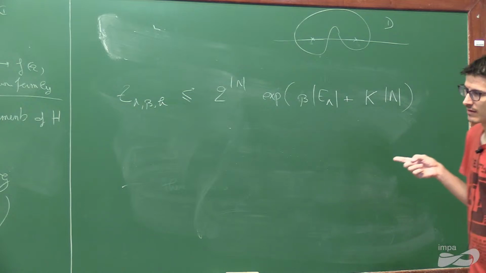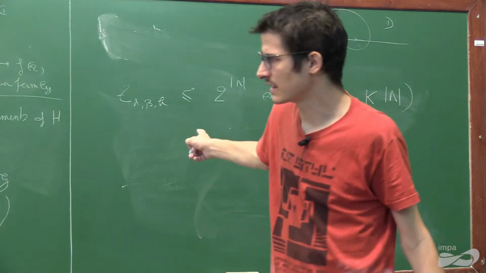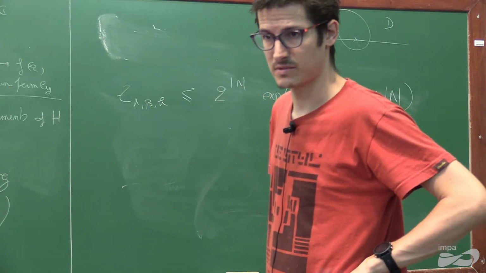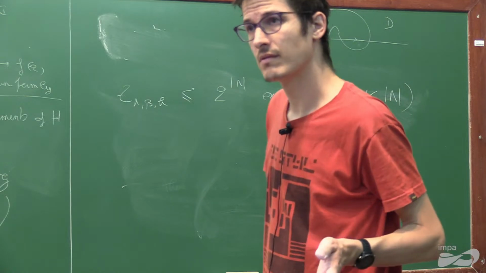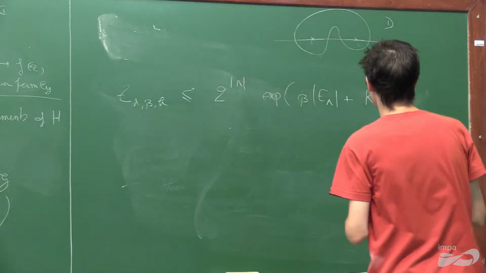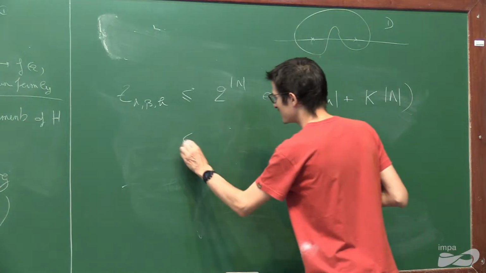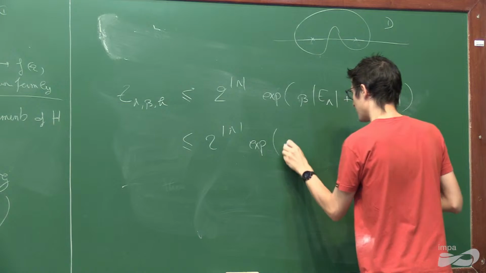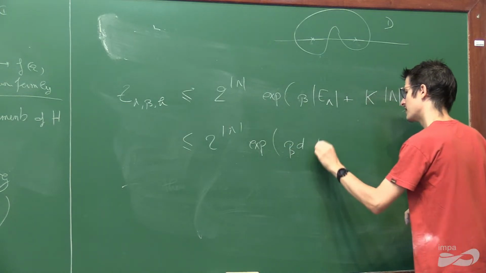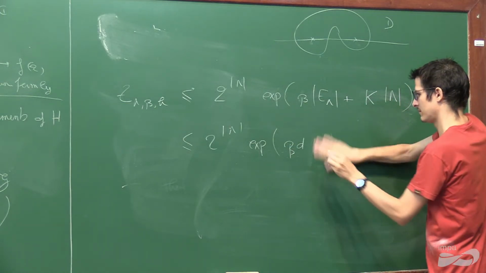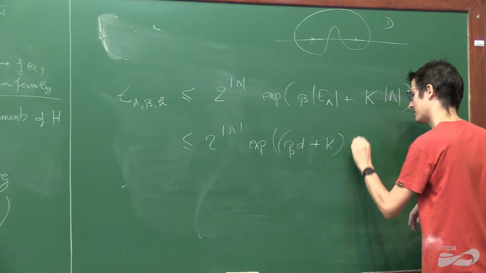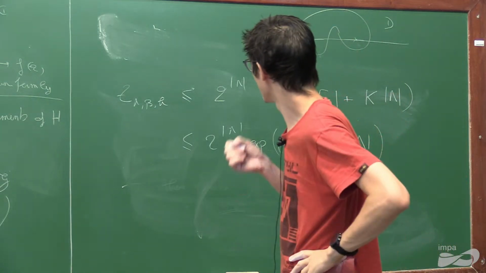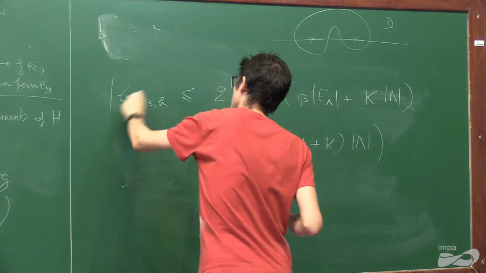Clearly, if you take this to the power 1 over lambda, then you get something which is uniformly bounded, just because this is smaller than d times lambda. So you have your explicit uniform bound on this modulus.